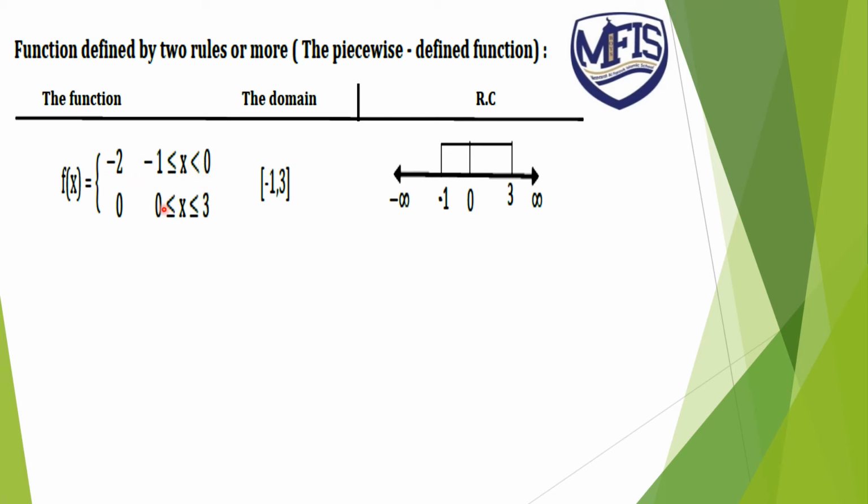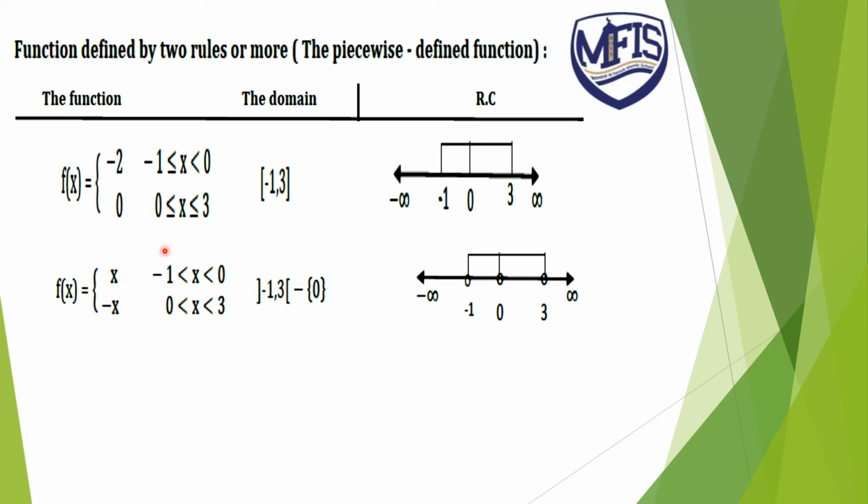These are the numbers x in between them. Therefore, from -1 to 0 is the first interval, and 0 to 3 is the second interval. So if we draw the number line from -1 to 3, the domain of this function is -1 closed to 3 closed, because 0 is closed here, not here. Okay?